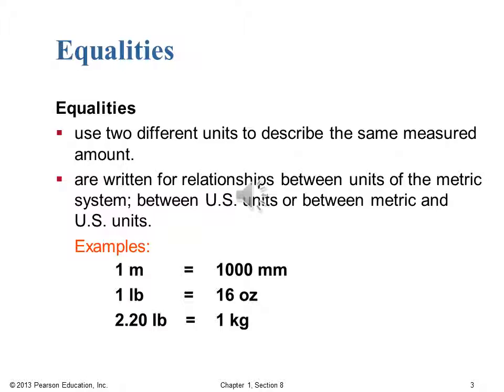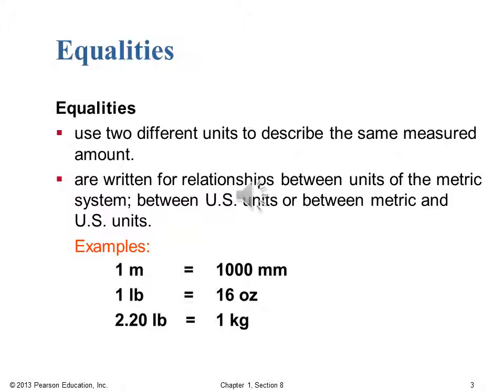So these could be between units of the metric system, across the US units, which is officially called the English system, even though the English use metric, and between metric and English units. So we could have, say, 10 millimeters equals 1 centimeter. That's within the metric system.